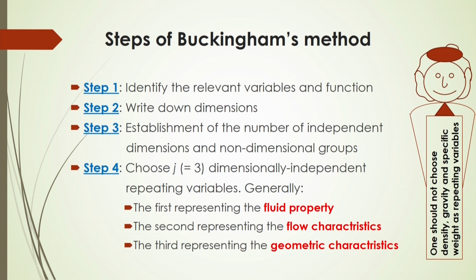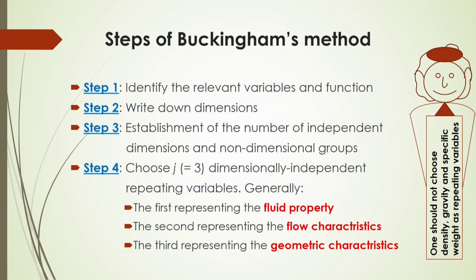Generally you have to choose the repeating variables such that the first represents the fluid property, the second represents the flow characteristics, and the third represents the geometric characteristics.